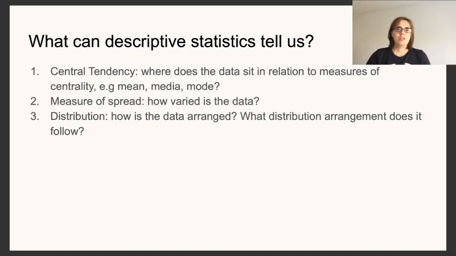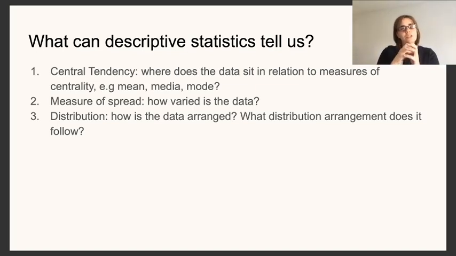There are 3 things that descriptive statistics can tell us. They can tell us the central tendency, that is, where the data sits in relation to measures of centrality. For that we're going to use the mean, the median, and the mode. Then they can tell us the measure of spread, so how varied is that data?